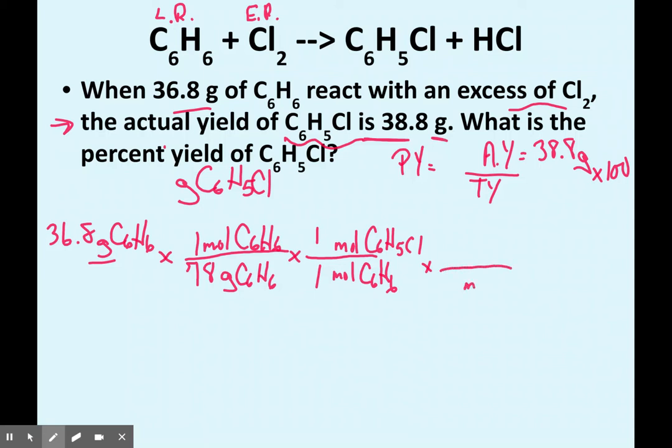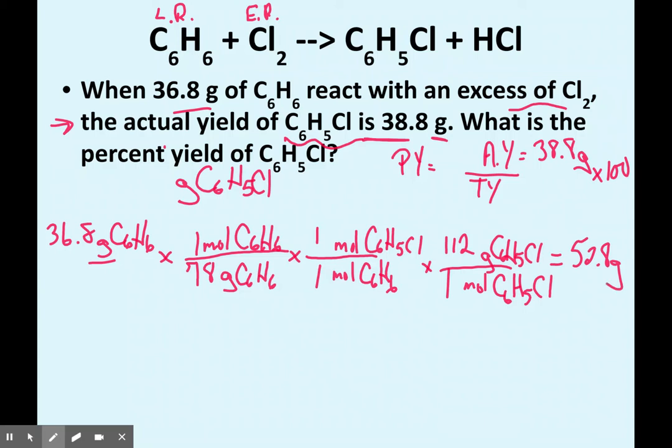So we have moles now on bottom of C6H5Cl, grams of C6H5Cl on top. This is 1, and the mass of this is 112. And so we're ready to calculate. And if we do 36.8 divided by 78 times 112, we get 52.8 grams. This is our theoretical yield.